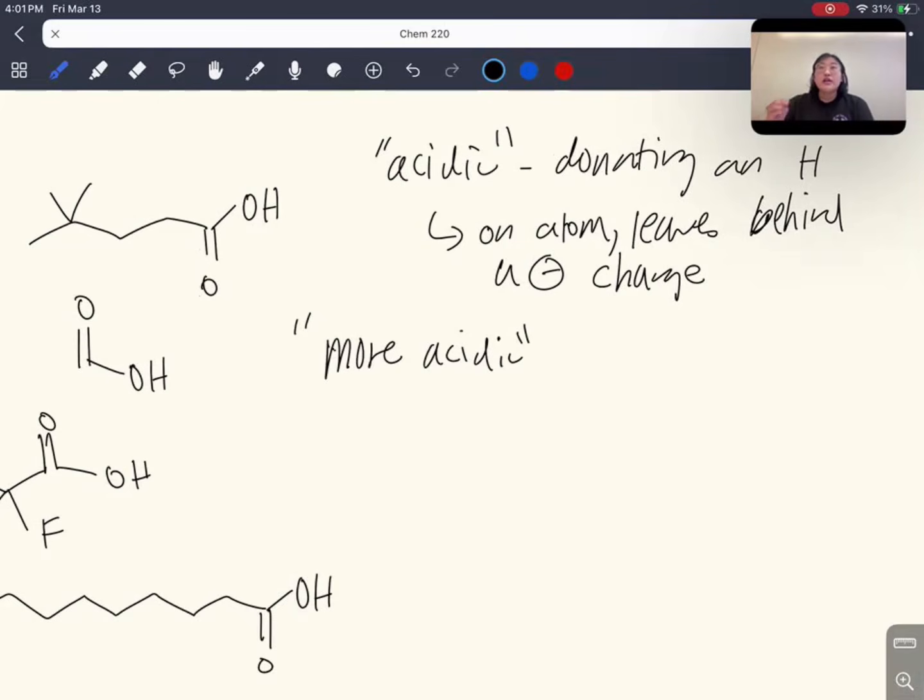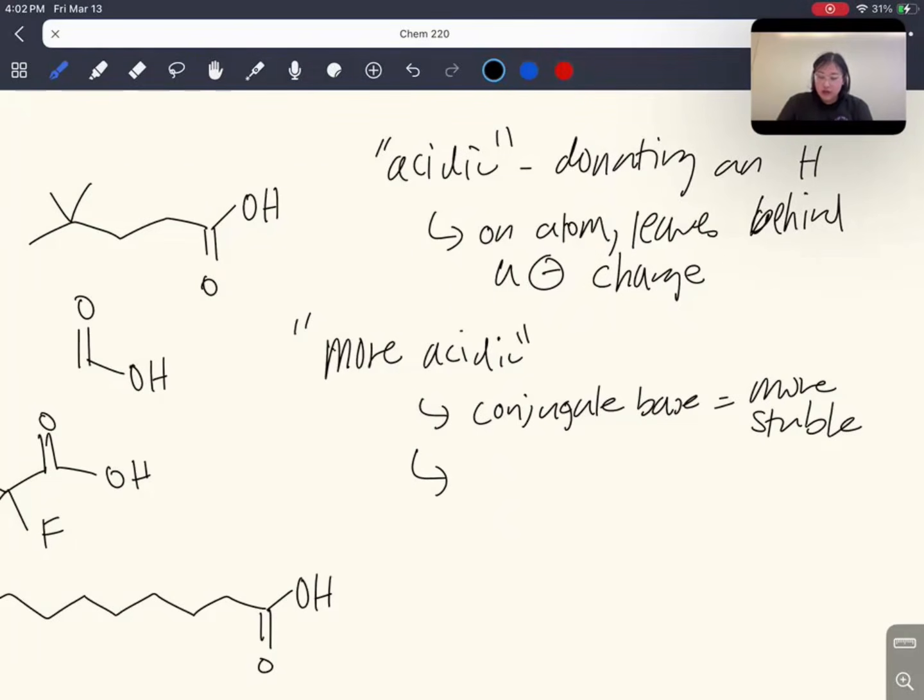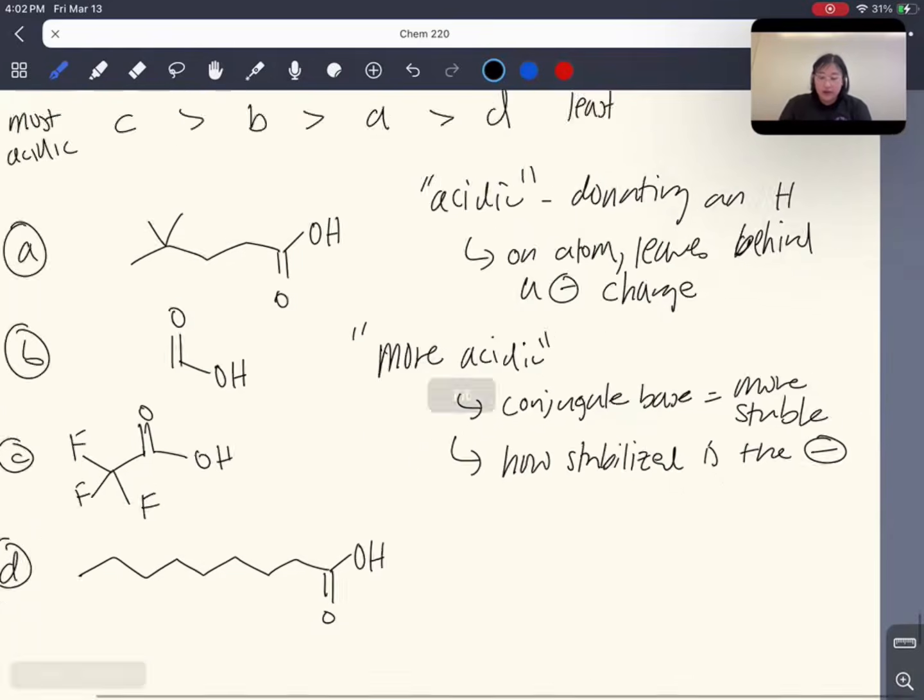What makes it more likely to do that is if the minus charge on that molecule is more stable. So if something is more acidic, that means the conjugate base is more stable. Another way to think about it is how stabilized is the minus charge that you just left behind. That's what acidity means.